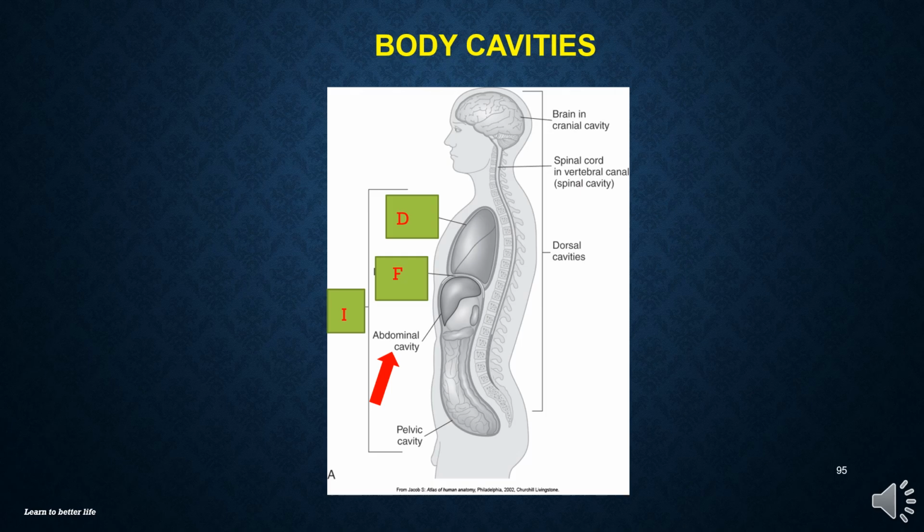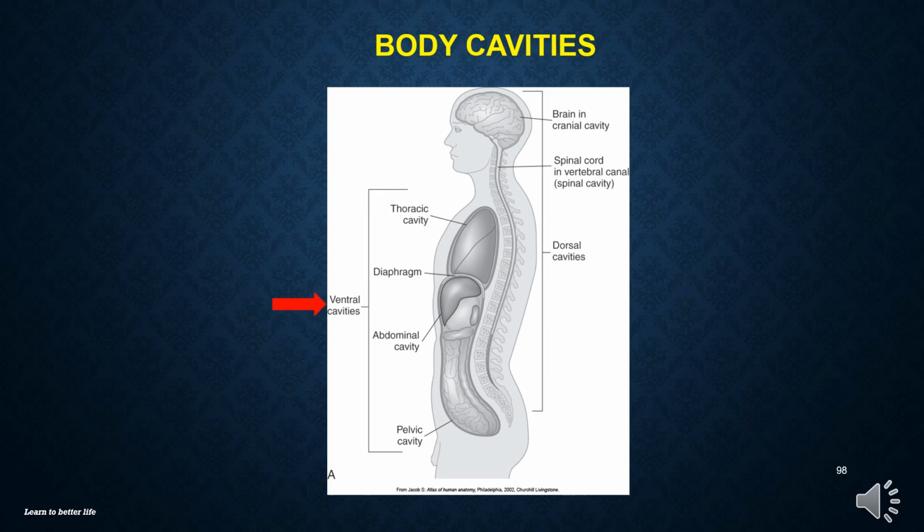G is the abdominal cavity. F is the diaphragm. D is the thoracic cavity. And I is the ventral cavities.